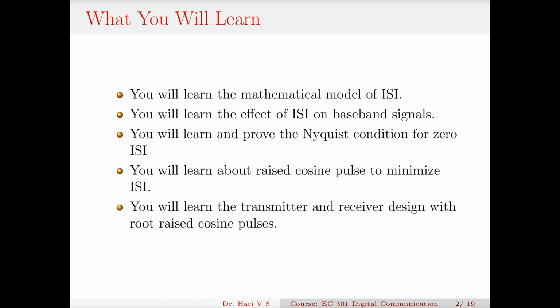Then you will learn about certain pulse shapes that can minimize ISI. You will come across the raised cosine spectrum, and then you will understand the receiver design based on root raised cosine pulses. So you understand quite a bit of things in this video, and I will supply some simulations to augment your understanding.